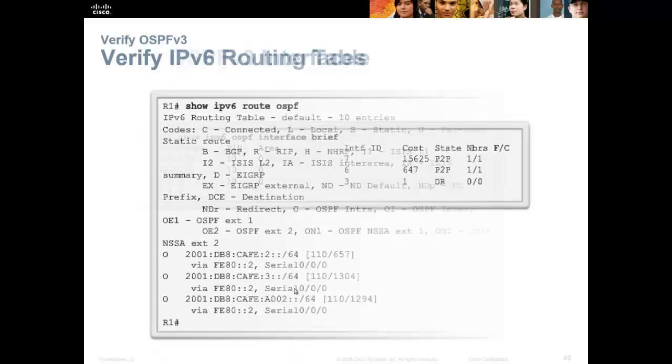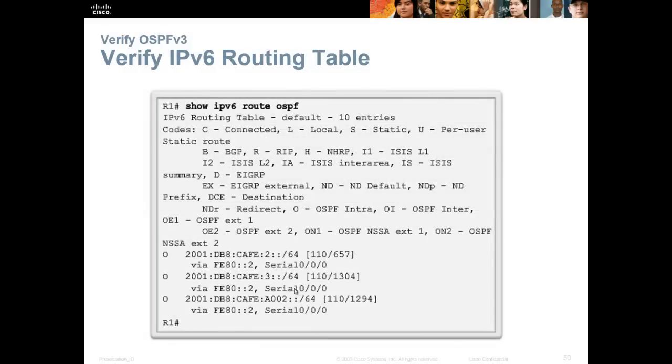And then show IPv6 route OSPF will show you what IPv6 routes you've learned via OSPF. And remember, with IP version 6, you'll see an IP address that you assigned, and then you'll also see a link local address. So it's not odd to see two addresses for IP version 6 on an interface.